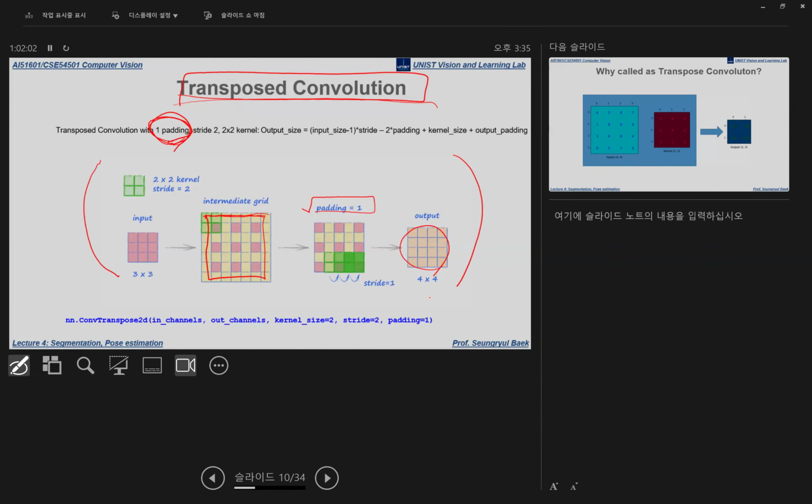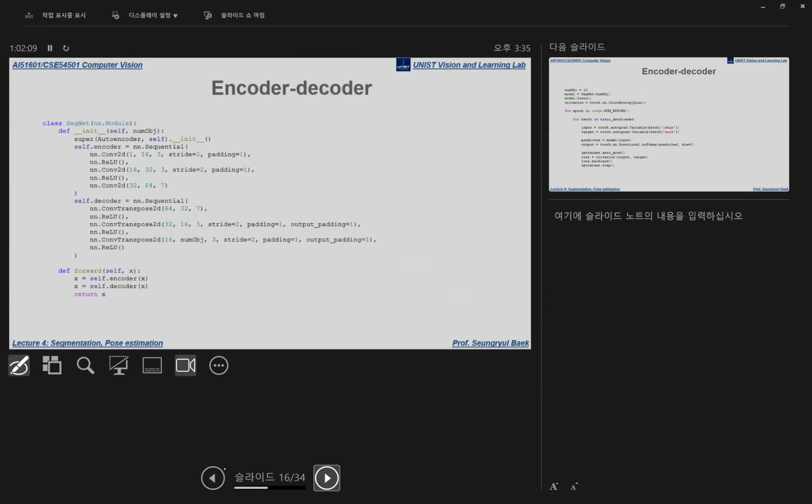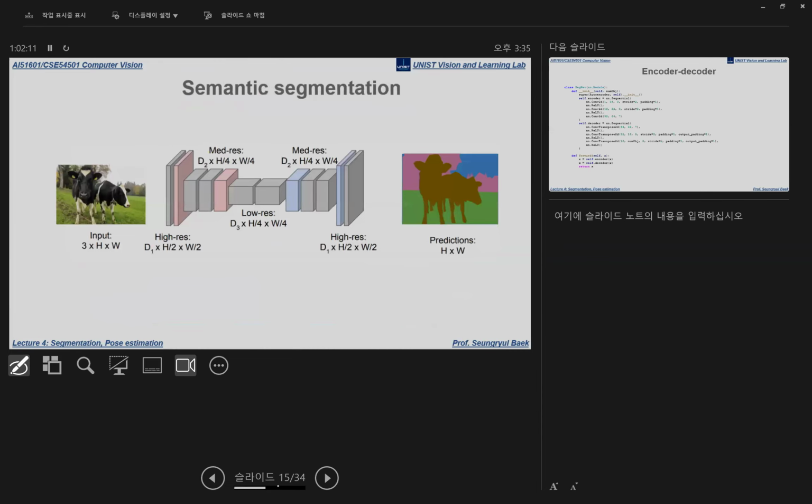And I will only deliver the conclusions today. The conclusion is, when constituting a deep architecture for semantic segmentation, the original CNN operations tend to reduce the dimension of 2D signals.